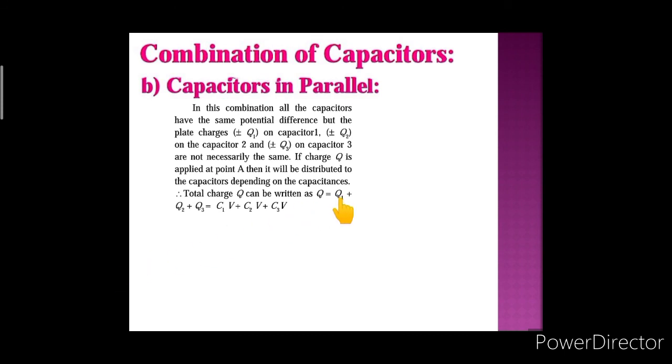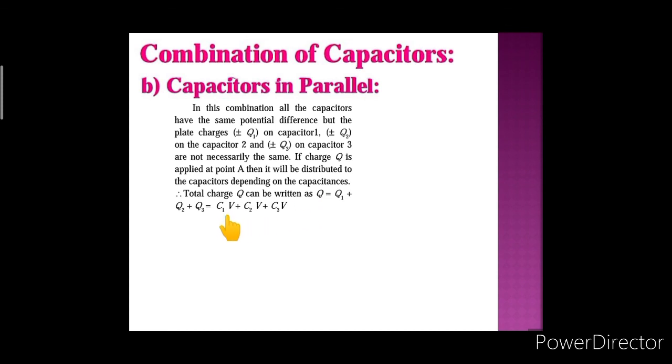Hence, for the charge Q1, we can write it as C1V, as the potential across each capacitor is the same, but the capacitance of each capacitor is different and so it has different charges.